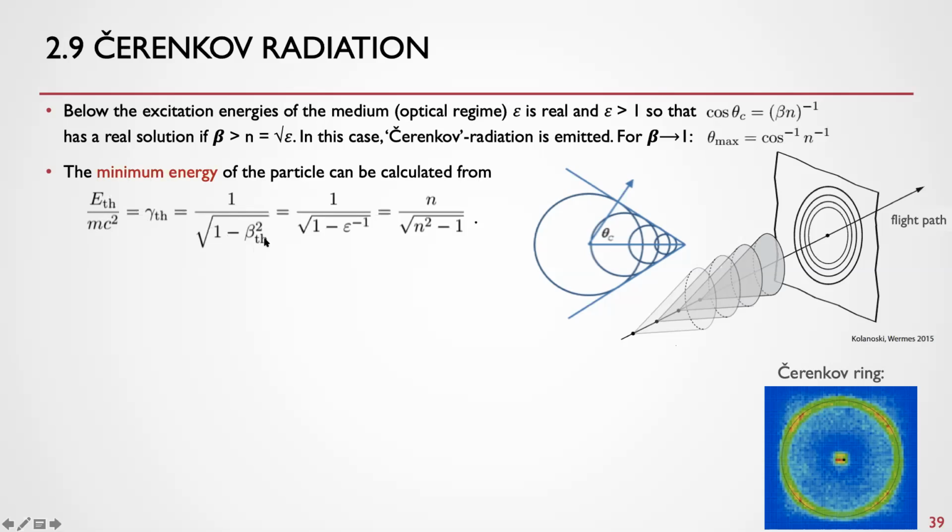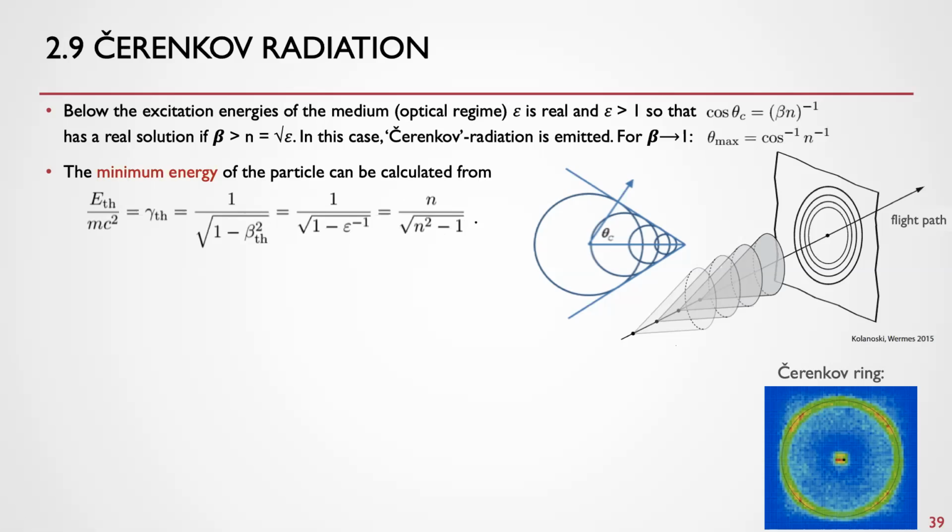And now the beta threshold is achieved when the argument of the cosine top right here equals 1, and that's achieved when beta threshold is 1 over n, and since it enters squared here, this becomes 1 minus 1 over permittivity, and if we insert back the n, it's just n over square root of n squared minus 1.